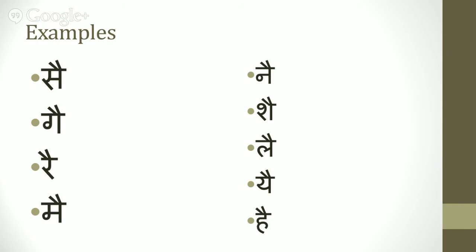Number 1, sa. Number 2, ga. Number 3, ra. Number 4, ma. Number 5, na. Number 6, sha. Number 7, la. Number 8, ya. And number 9, ha.